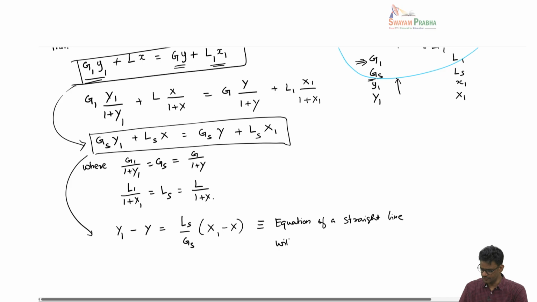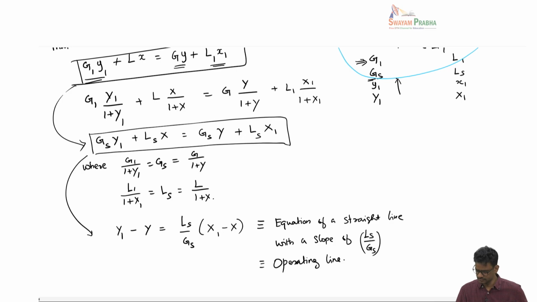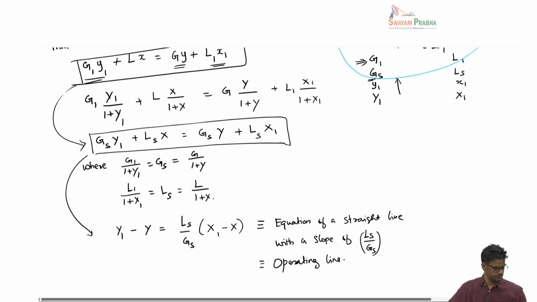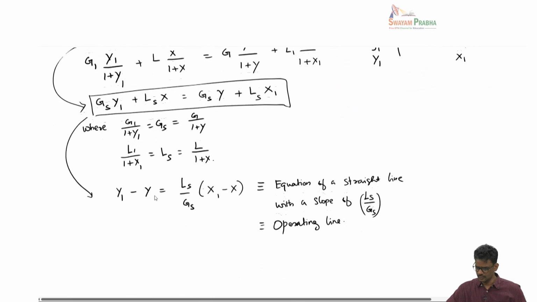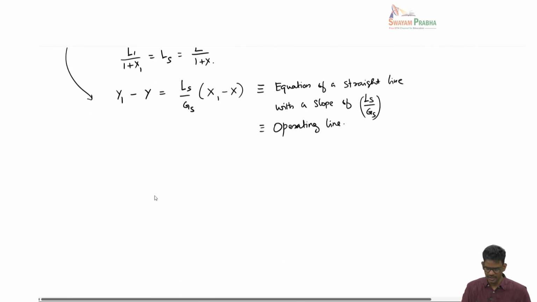It has a slope of Ls by Gs, and this is what we call the operating line. You may recollect that I showed this derivation before.